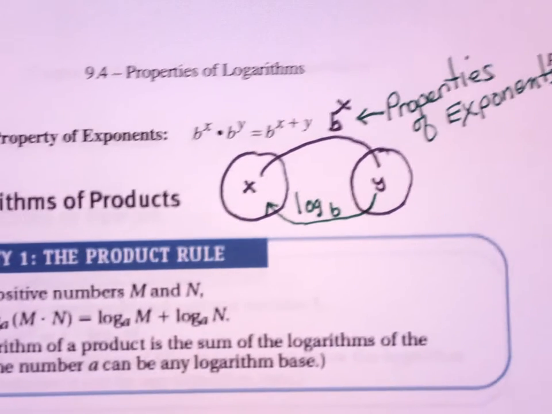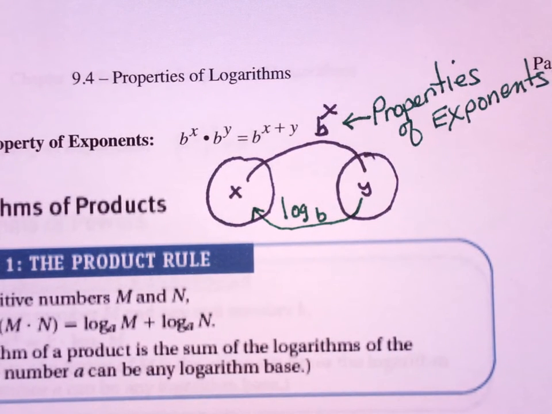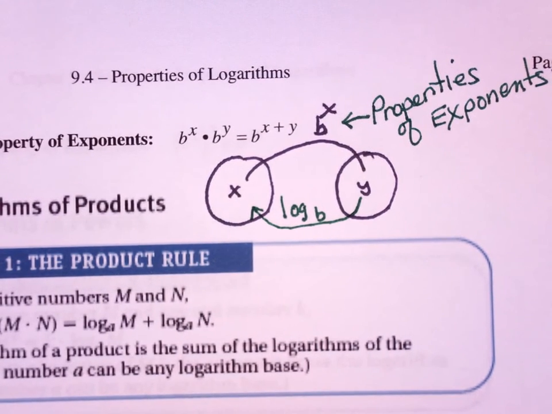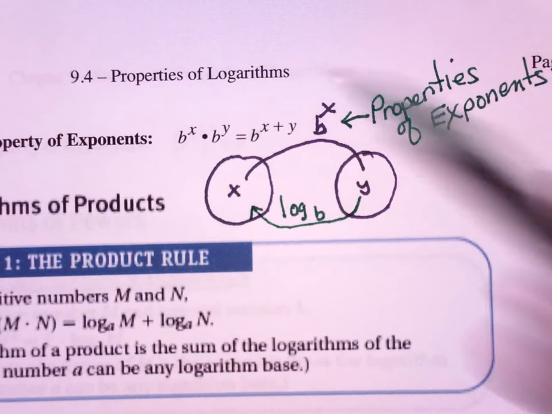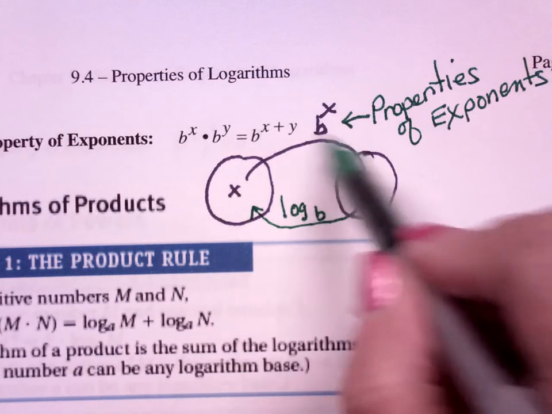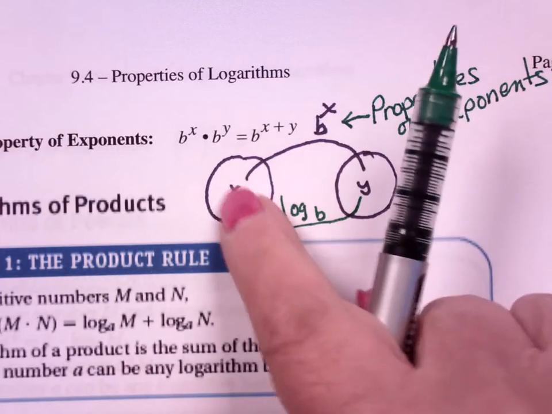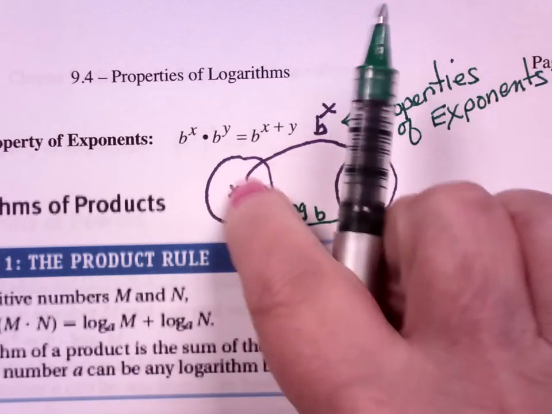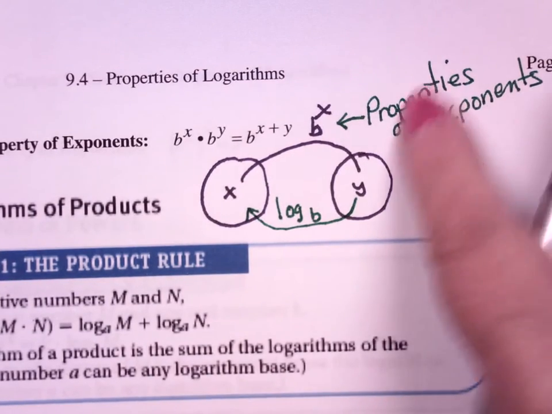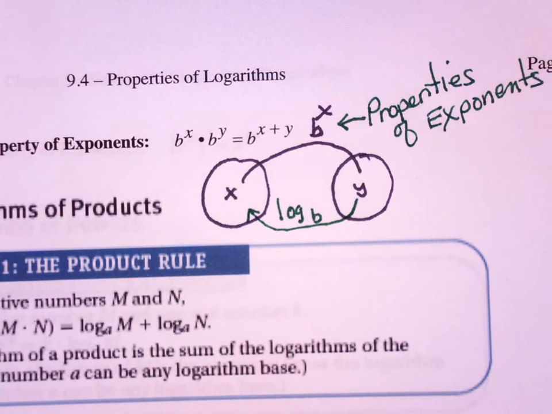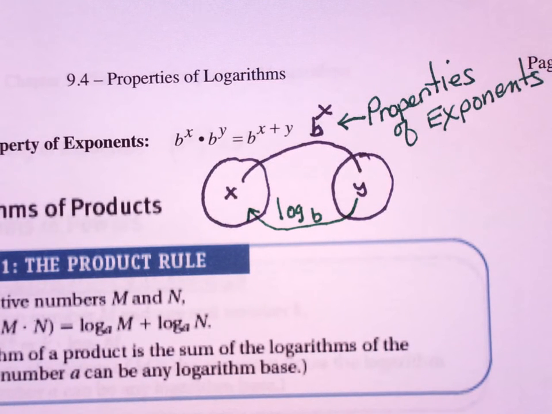So if I'm looking at these two being interrelated, this whole set in the domain has the properties of exponents on it. Why? Because you're taking a base to some power, right?